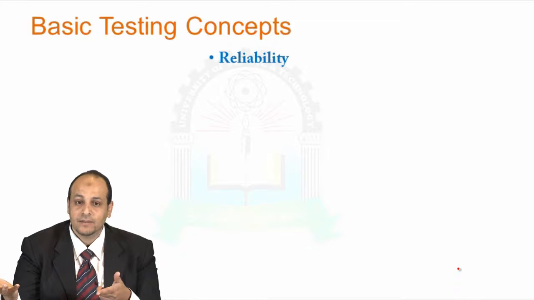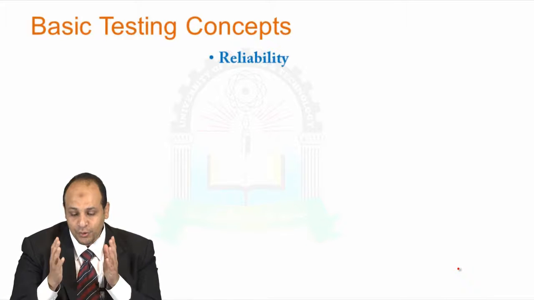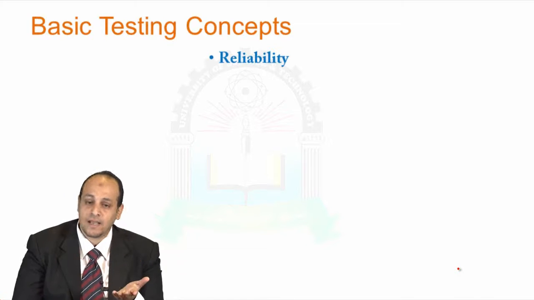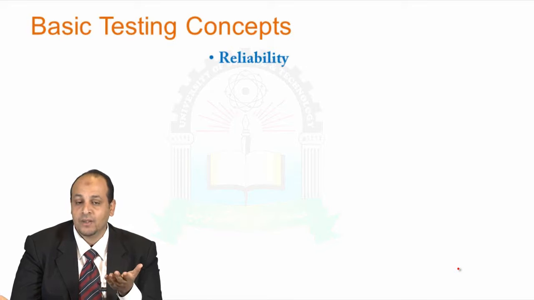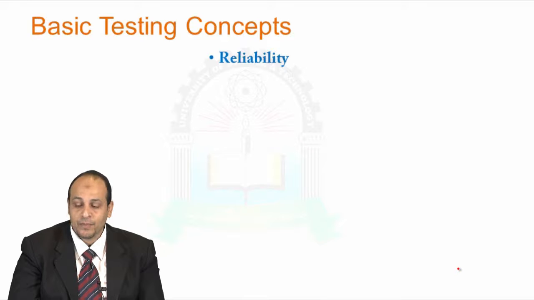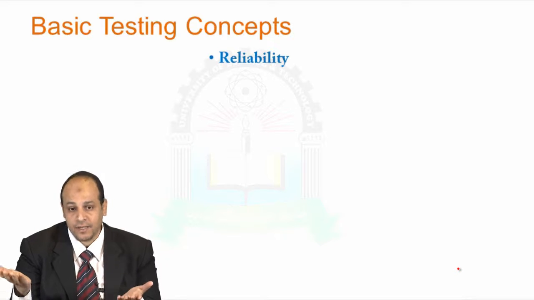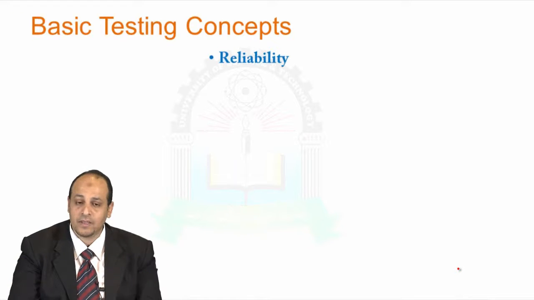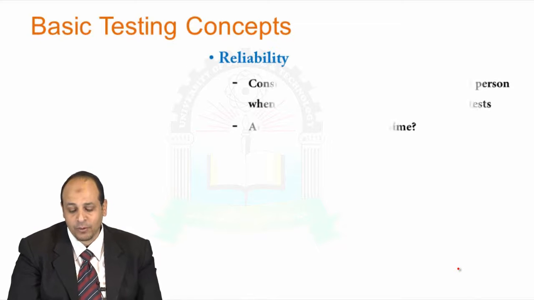Doing the test again after some time should give the same results. Then we say the test is reliable. If you have different answers in different time slots, that means the test is not actually reliable.